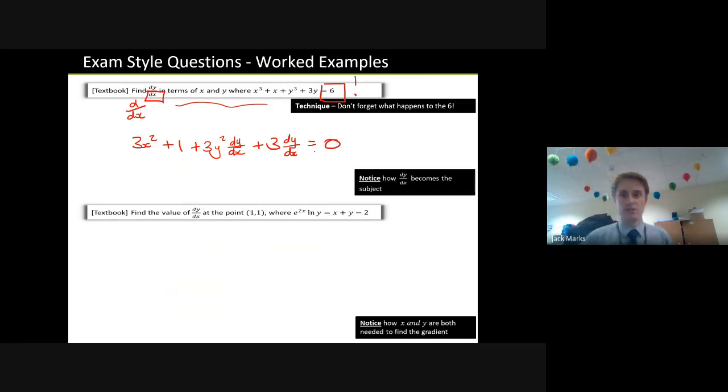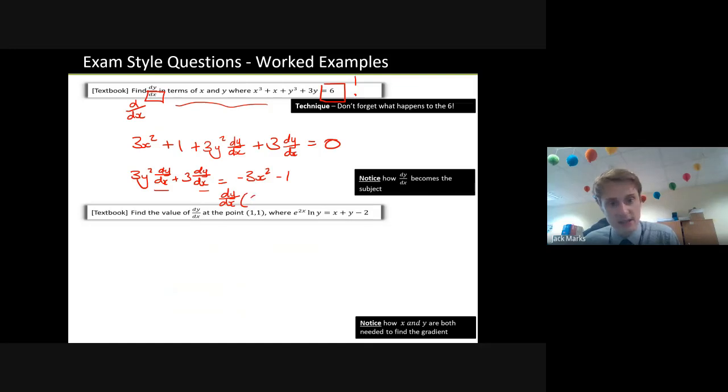Notice how dy/dx can appear more than once in a question. That's quite a new idea. Move the non-dy/dx parts to the other side. So I'm going to say 3y squared dy/dx plus 3 dy/dx equals minus 3x squared minus 1. If the thing appears twice and you only want it once, you need to factorize to take the dy/dx out.